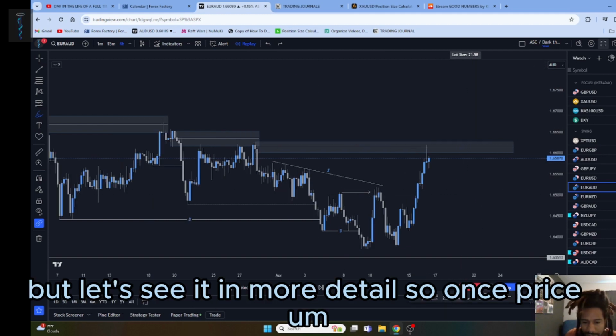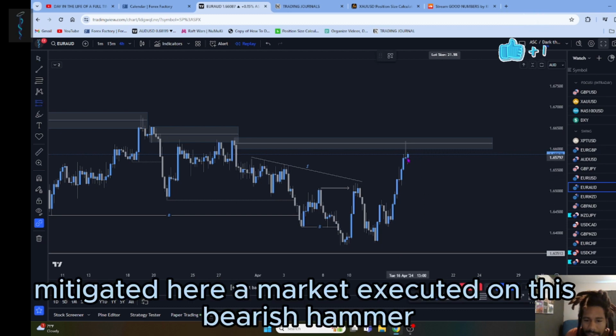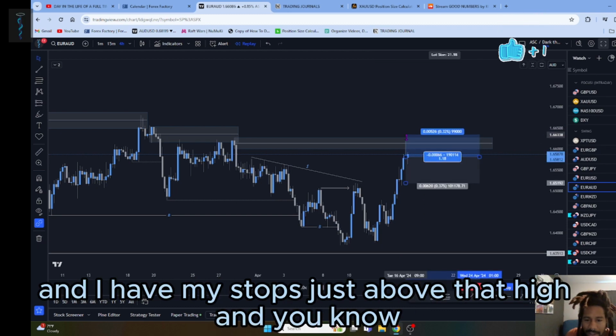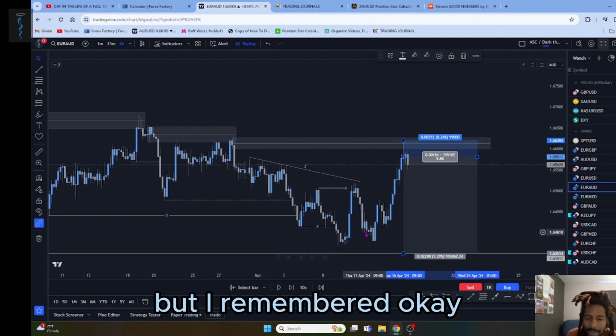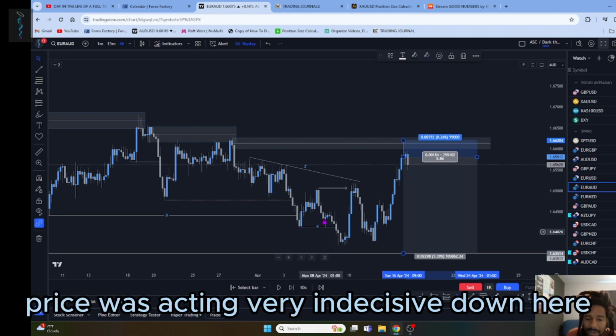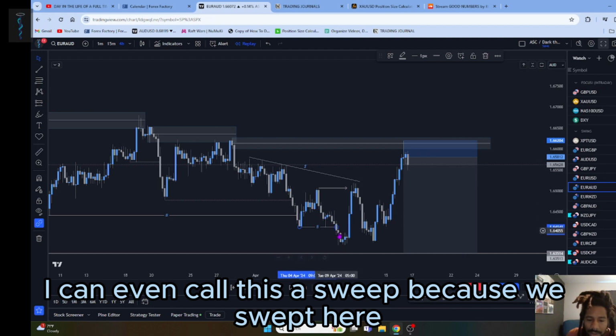But let's see it in more detail. Once price mitigated here, I market executed on this bearish hammer, and I had my stops just above that high. Price started to do its thing, but I remembered, okay, price was acting very indecisive down here. We pushed quickly. I can even call this a sweep because we swept here.